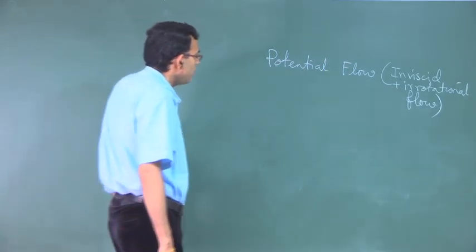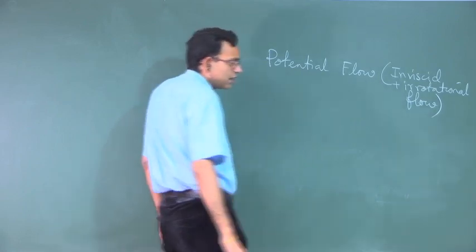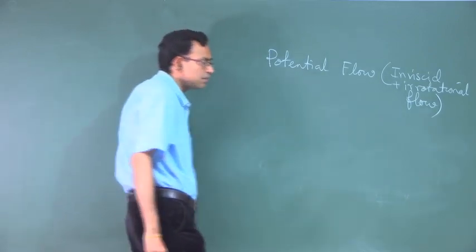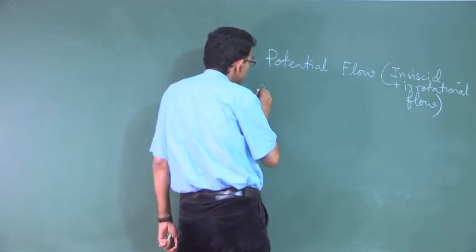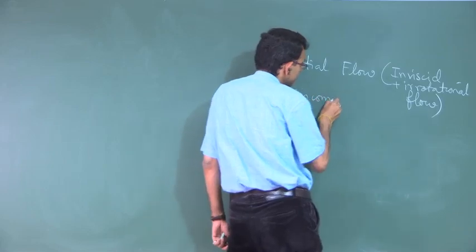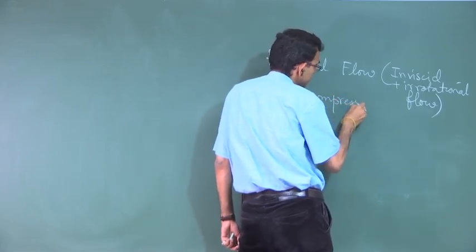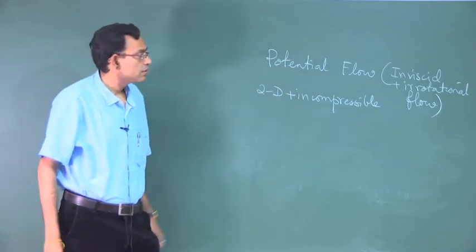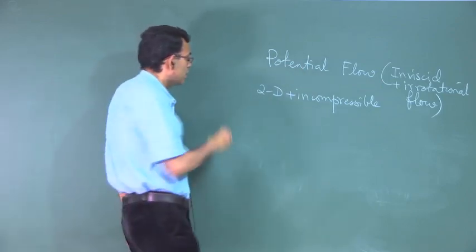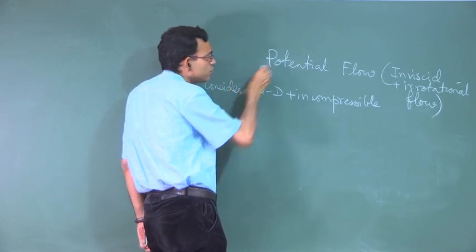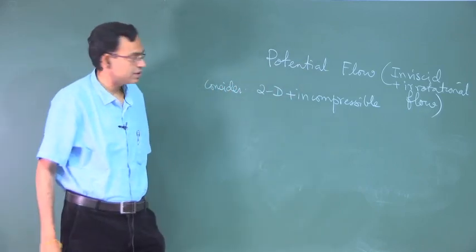Now, what we will do is we will make another very important assumption. What is that assumption? That the flow is two dimensional and incompressible. So, consider this in addition to inviscid and irrotational.